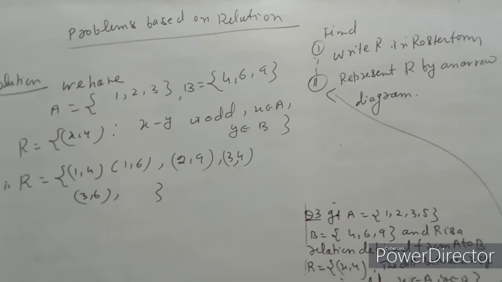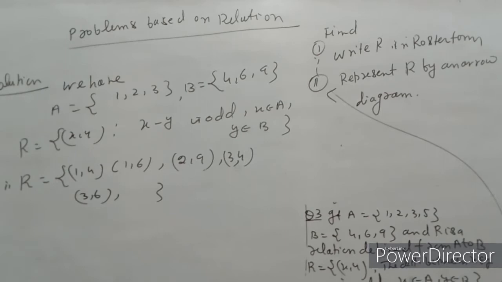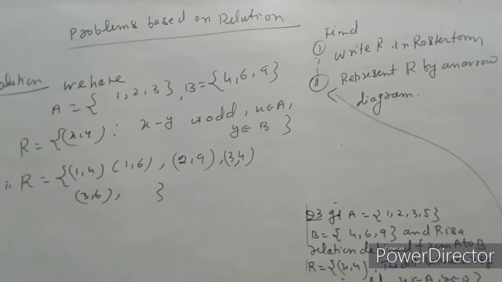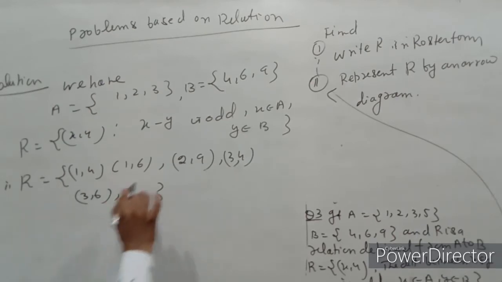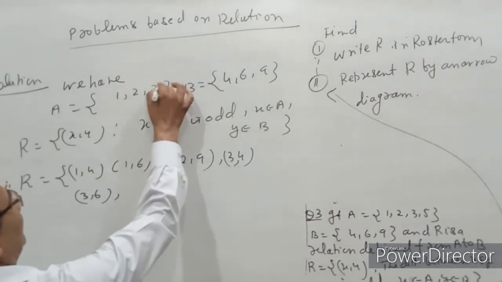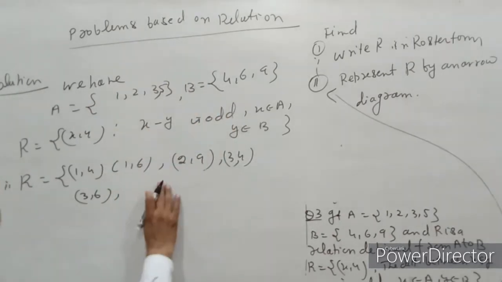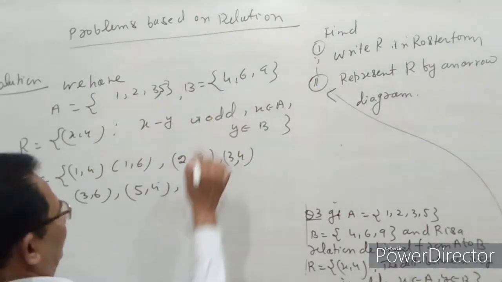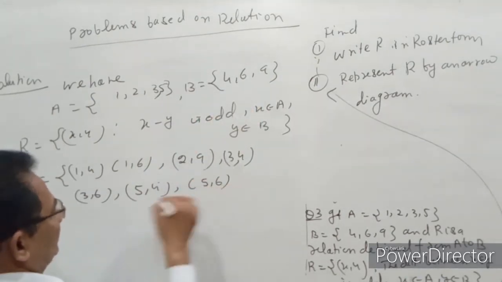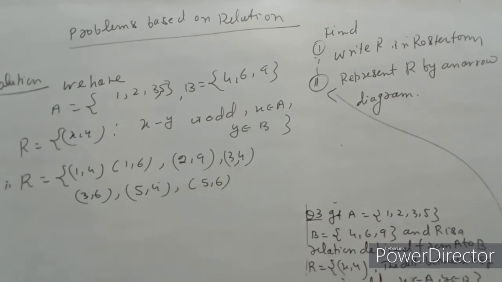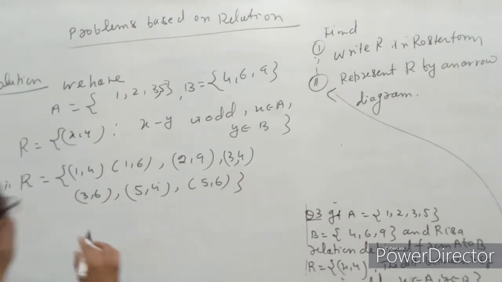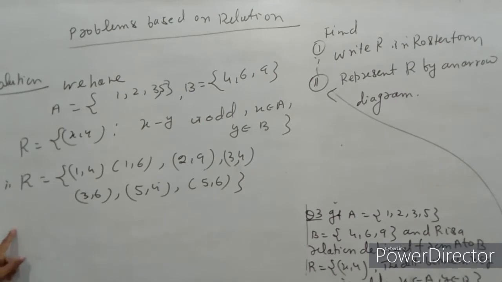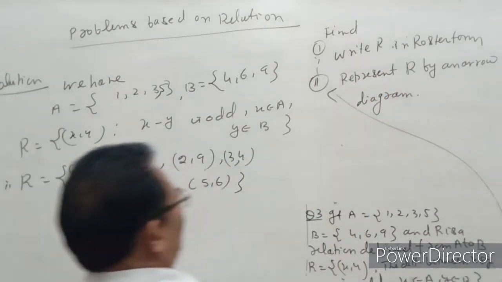So therefore (1, 4), (1, 6), (2, 9), (3, 4), (3, 6), and अगर हम यहाँ देखें तो A हमारे पास था 1 2 3 और that is 5, तो (5, 4), that is all, (5, 6) चलेगा और (5, 9), not possible. So this is the value of R in the roster form.